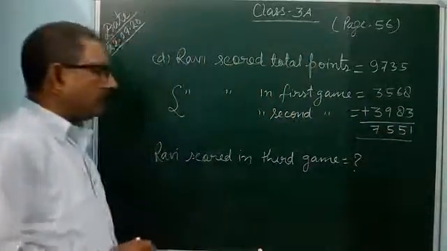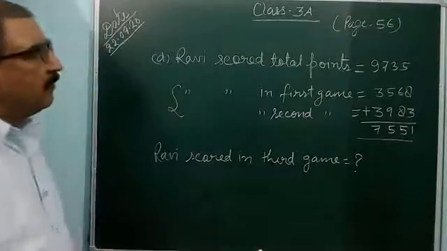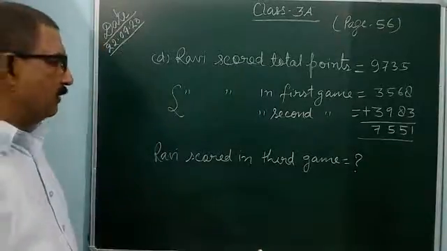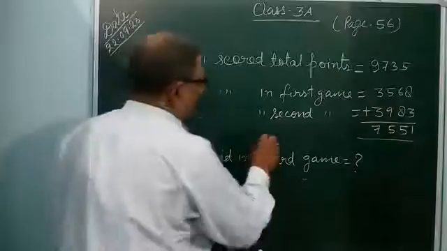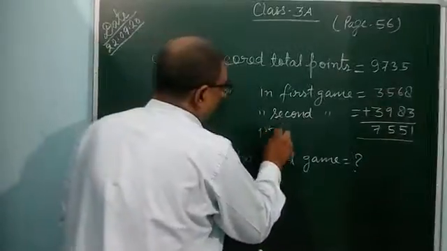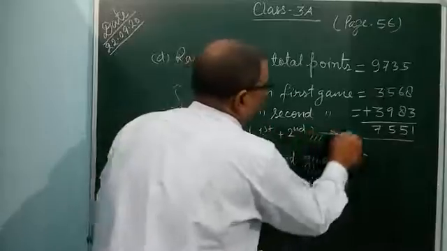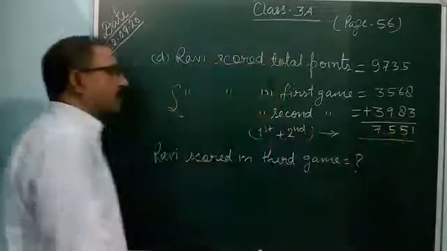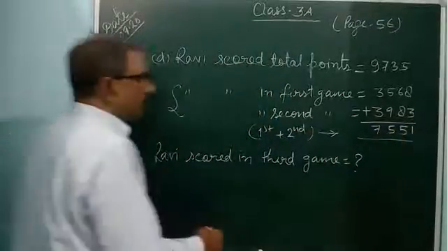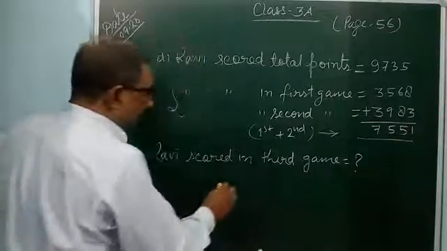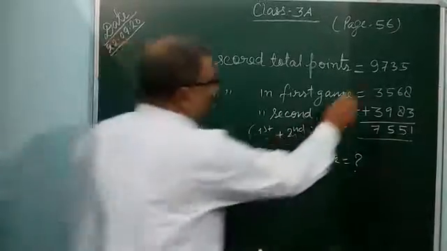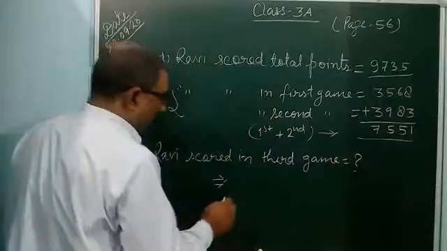So in this way, 7,551 for first game plus second game.